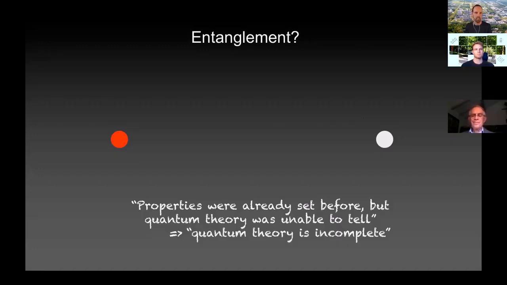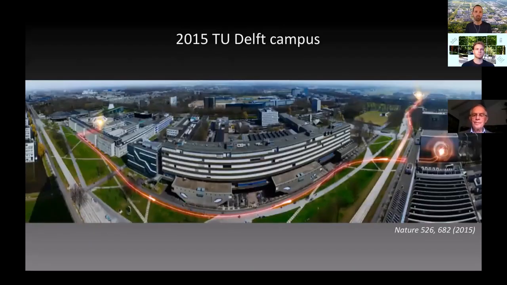Now, at that time, this was an academic discussion, and people could not do experiments, of course. But in 2015, we were lucky enough to be in a position to actually test this by taking the distance between these two electrons from a few meters to more than a kilometer. And by doing that, we could make sure that there was no way that there could be communication between the particles during the time that we did the measurement.